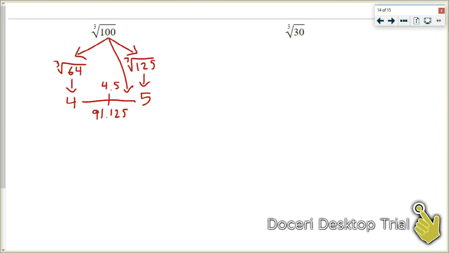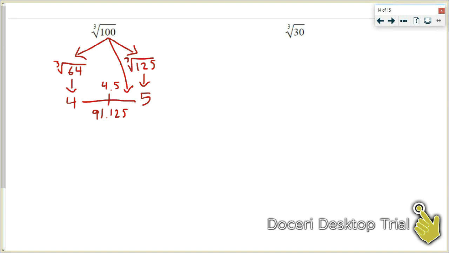Okay. So what I want you to do is in your table or your group, one person is responsible for finding the cube of 4 6/10. Another person is in charge of finding the cube of 4 7/10.